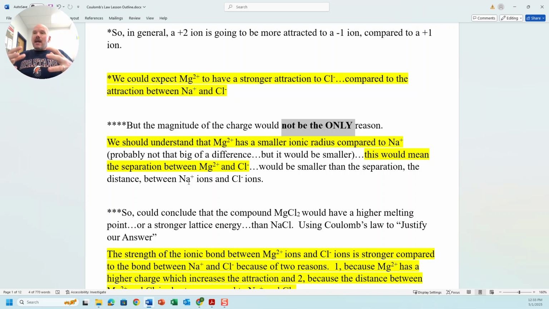And it's that balancing act. The more shells, the bigger I get, but the more protons, the smaller I get, okay? But again, that's all based on Coulomb's law, right? As I gain a proton in the nucleus, my nuclear charge increases. That's going to increase that pull on those electrons, that attraction to those electrons around the nucleus, okay?